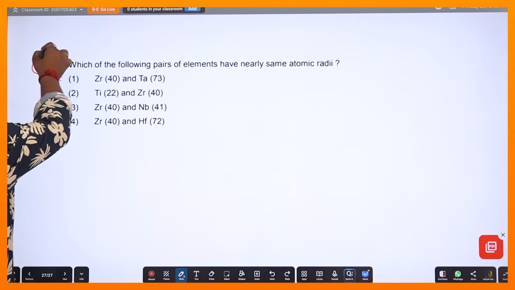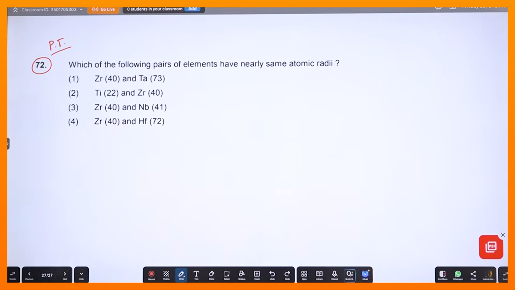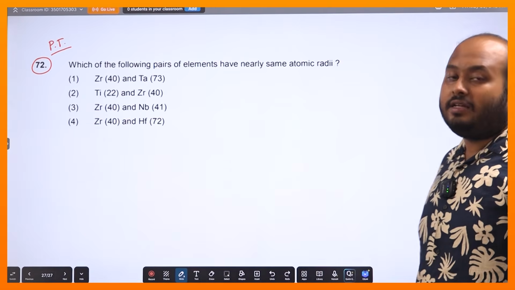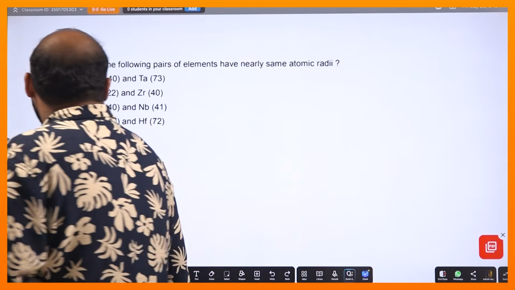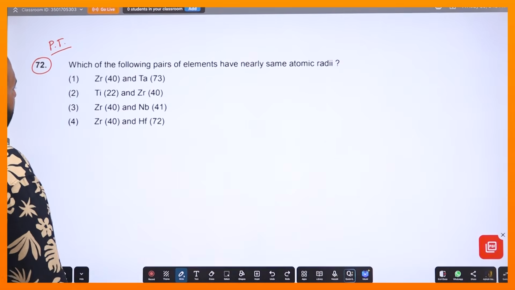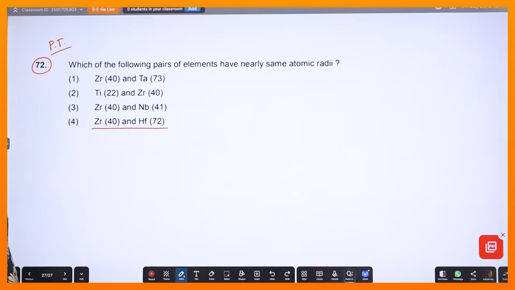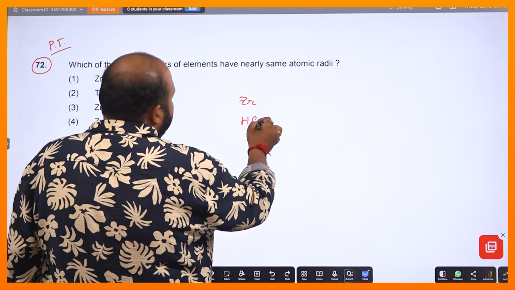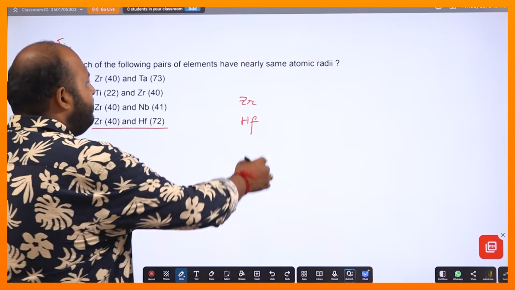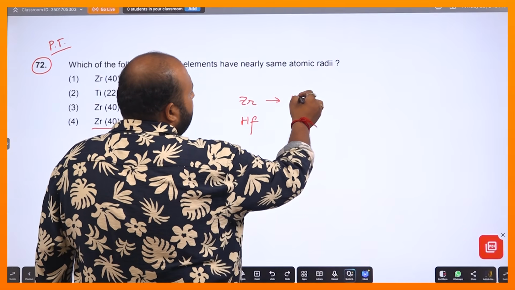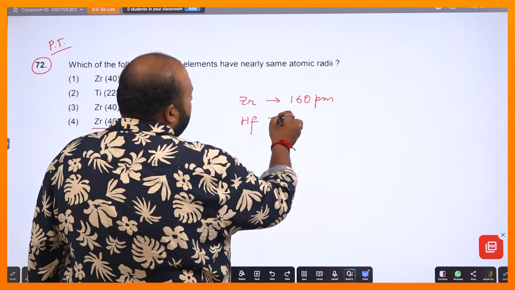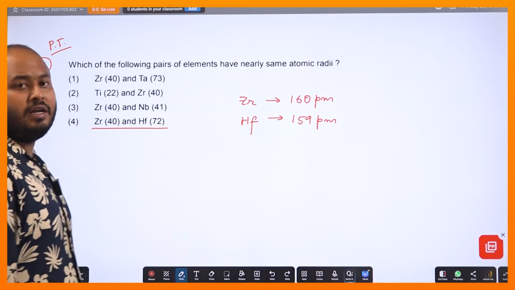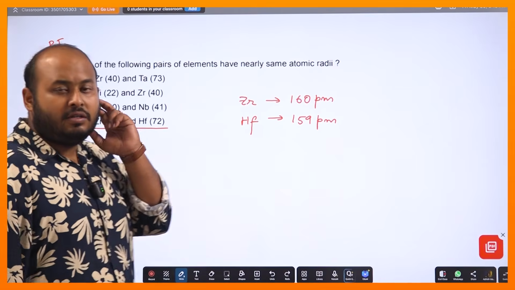Okay, this is from periodic table. This question number 72. It is asking that which of the following pairs of elements have nearly same atomic radii. So if we check the options, you can see that it is saying zirconium and hafnium. You know that zirconium and hafnium, the atomic radii reported in NCERT is 160 picometer, and for hafnium it is 159 picometer.